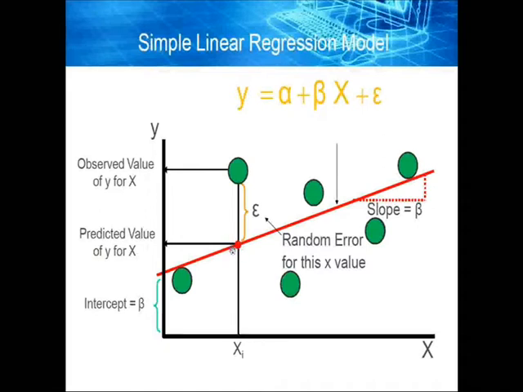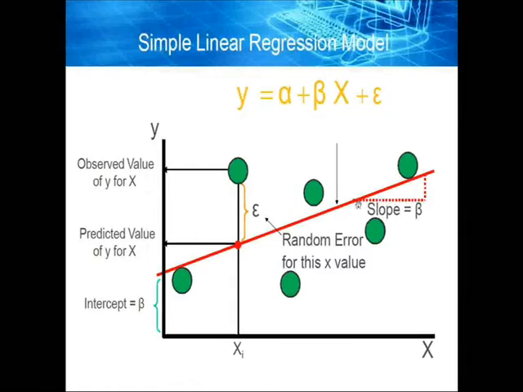And we can define the error function with that. The difference between this target point and this data point, this distance, is considered as the error value, and this error value is taken at the value of x as xi. We can also define here the linear regression algorithm. It can be modified by changing the values of alpha, beta, and the error, so that we can predict accurate results for the regression model.